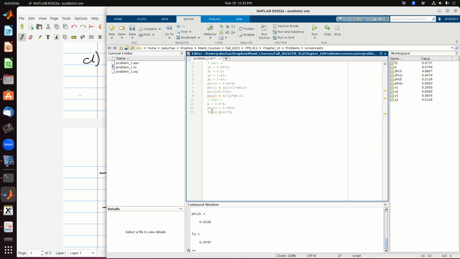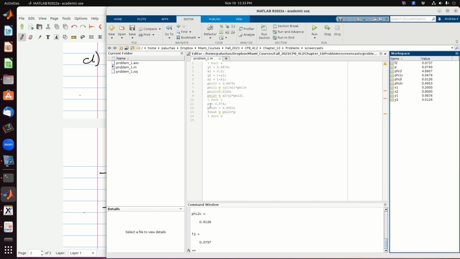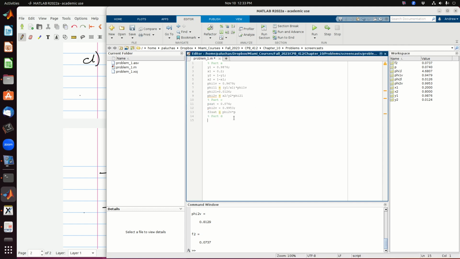Cool. All right, so I have F2, which is what I'm calling here. And so let me update this. Let me call that F2sat. So then in terms of part D, what I'm going to need to track is ZL. I already have P here. I'm going to call this PSAT. And let me update that to PSAT.